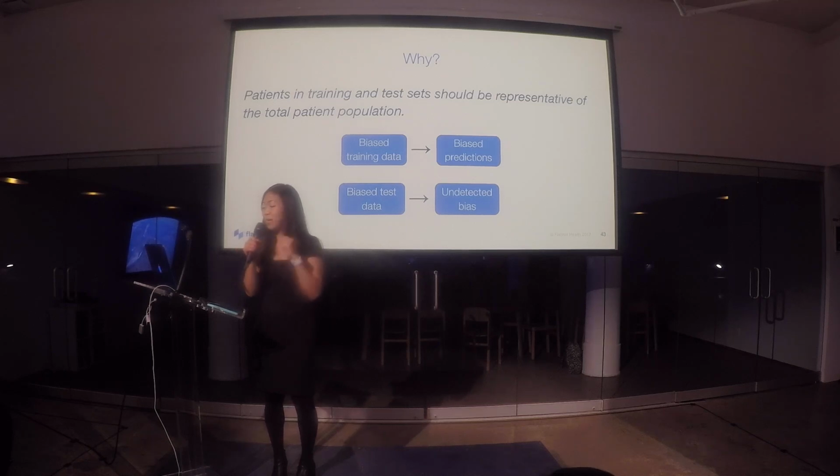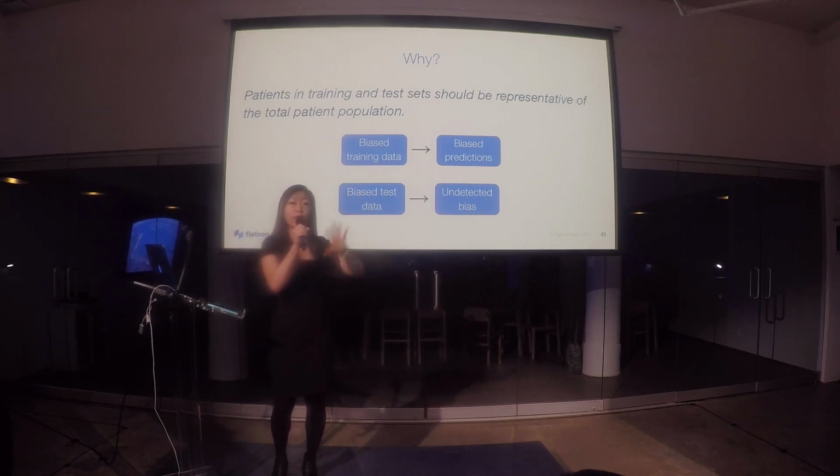The big reason is patients in our training and test sets should be representative of the total patient population. We want to make sure that all clinically relevant subpopulations, so subpopulations of different age groups, gender, or stage of cancer, exist in similar proportions in our test set and training set compared to the broader population of all cancer patients.